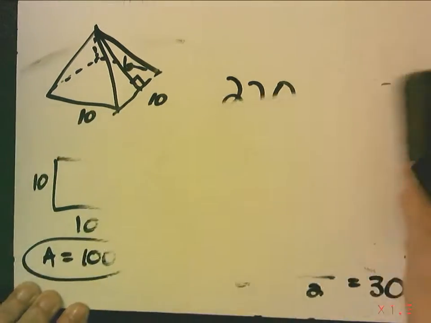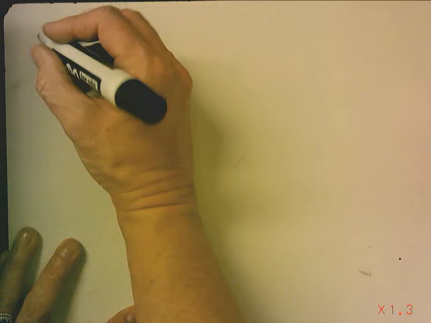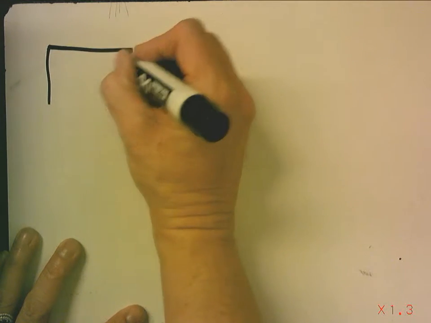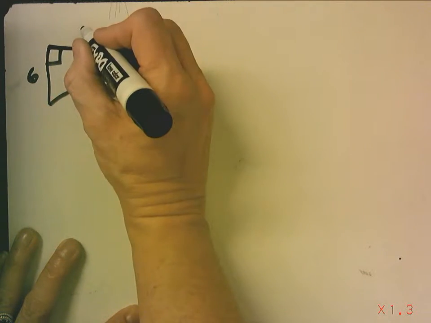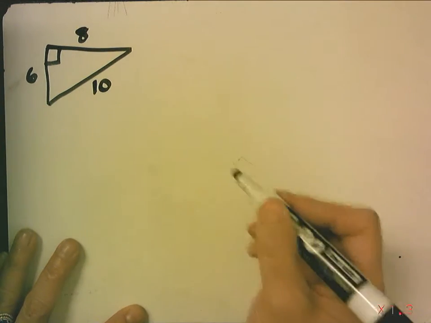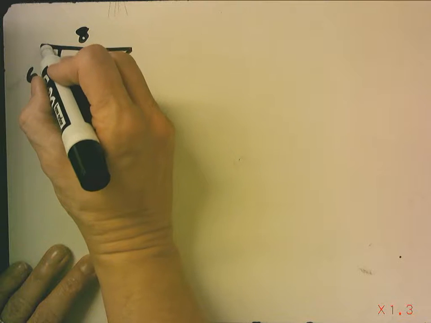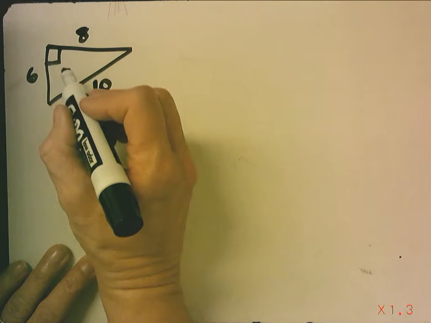Okay, now turning to page 22, we're going to do perhaps the most difficult one, because it's the most irregular. This is a triangular prism made up by a scalene triangle. A scalene triangle is a triangle that has all 3 sides different in measure.